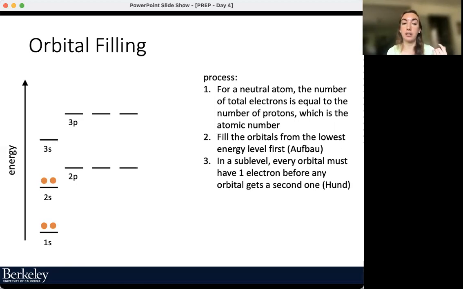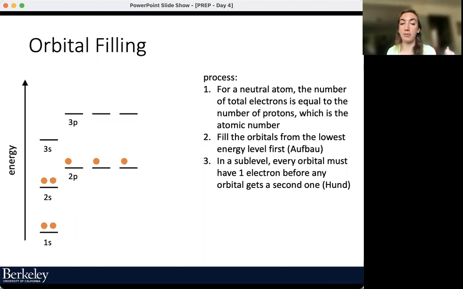Then the 5th electron goes here. If I asked you about carbon, which has 6 protons and therefore 6 electrons, that 6th electron is going to go here. So then I am putting 1 electron in each of my p orbitals before I can move to the next one.